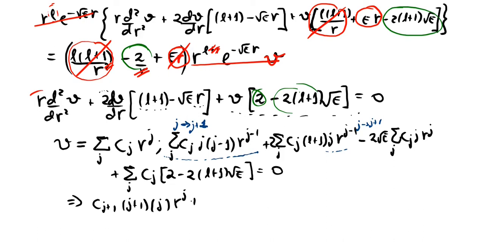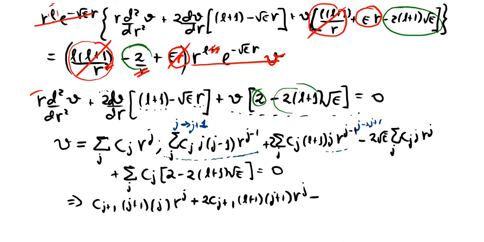Then there will be another term which is 2 times cj plus 1, and r to the j, something like that.